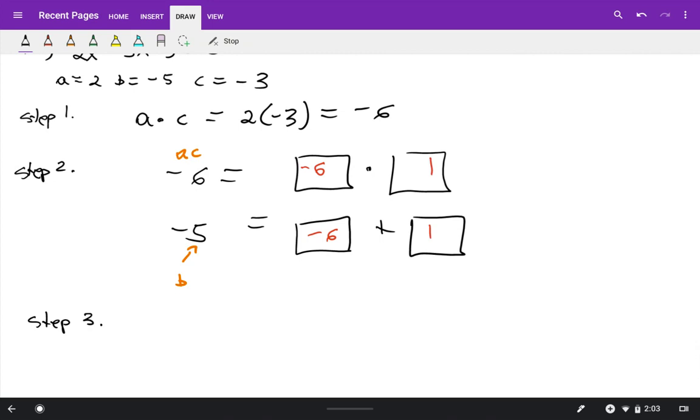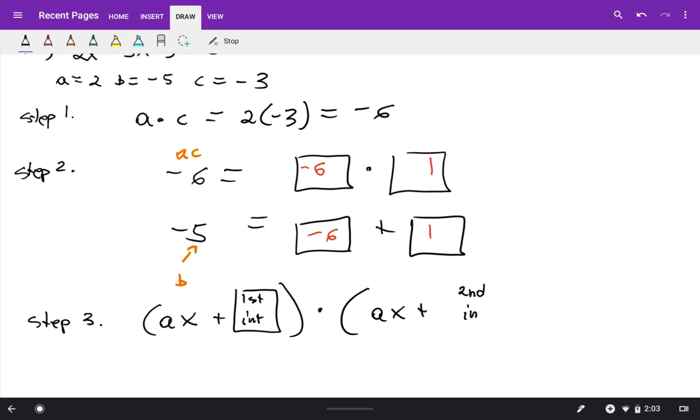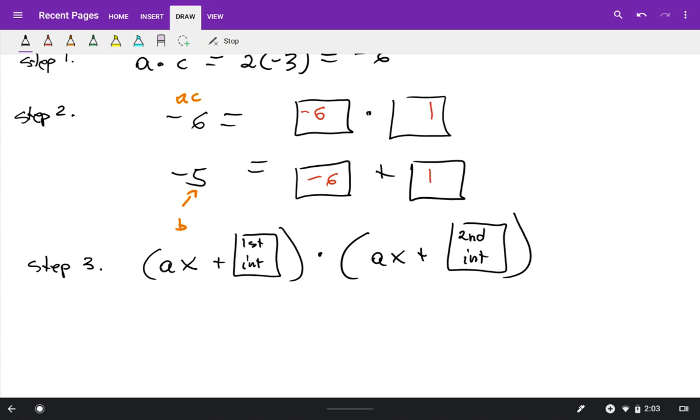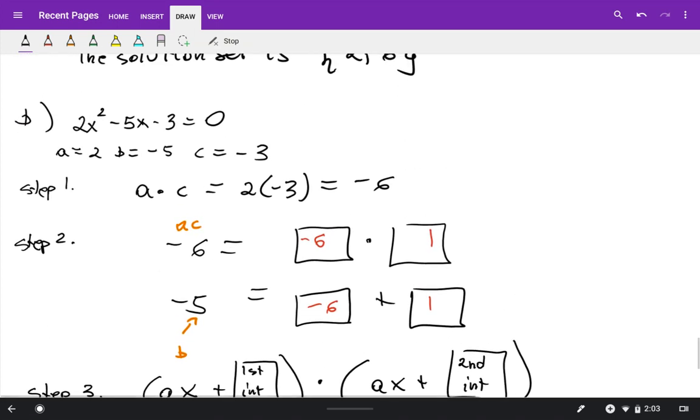Step 3, we're creating two parentheses: ax plus first integer times ax plus second integer. So in our case, don't forget that in our example, a is equal to 2.